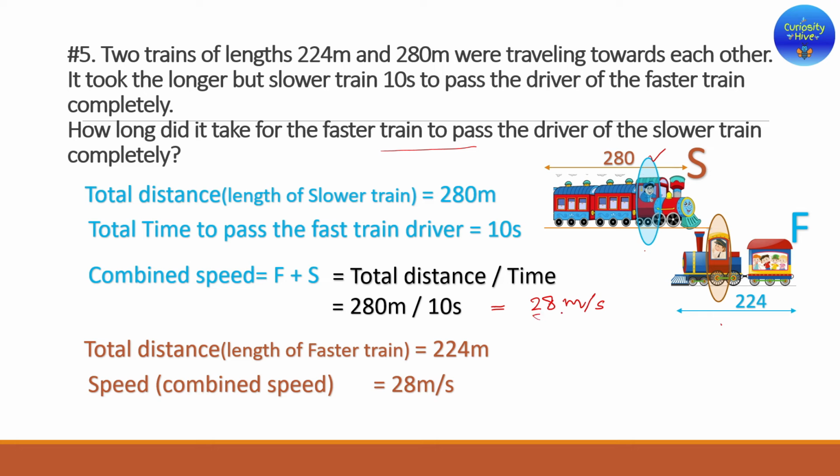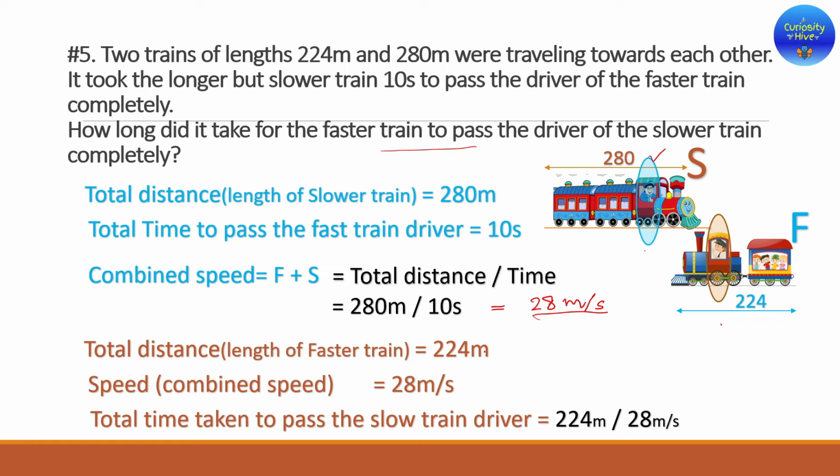So the combined speed we already know is 28 meters per second. Now we need to find the total time, which would be the distance divided by the speed, which is 224 divided by 28, which is equal to 8 seconds. So that is your right answer.